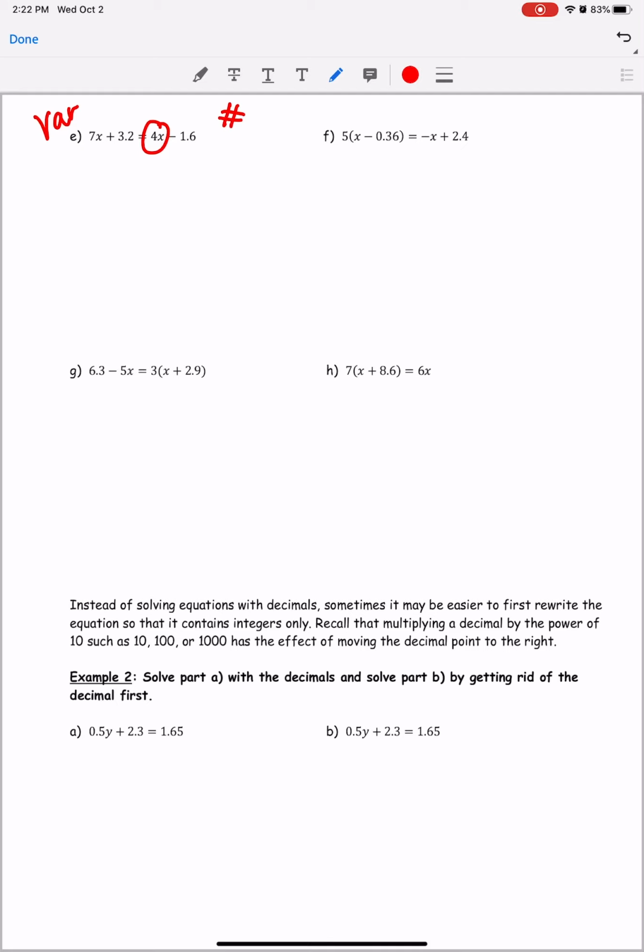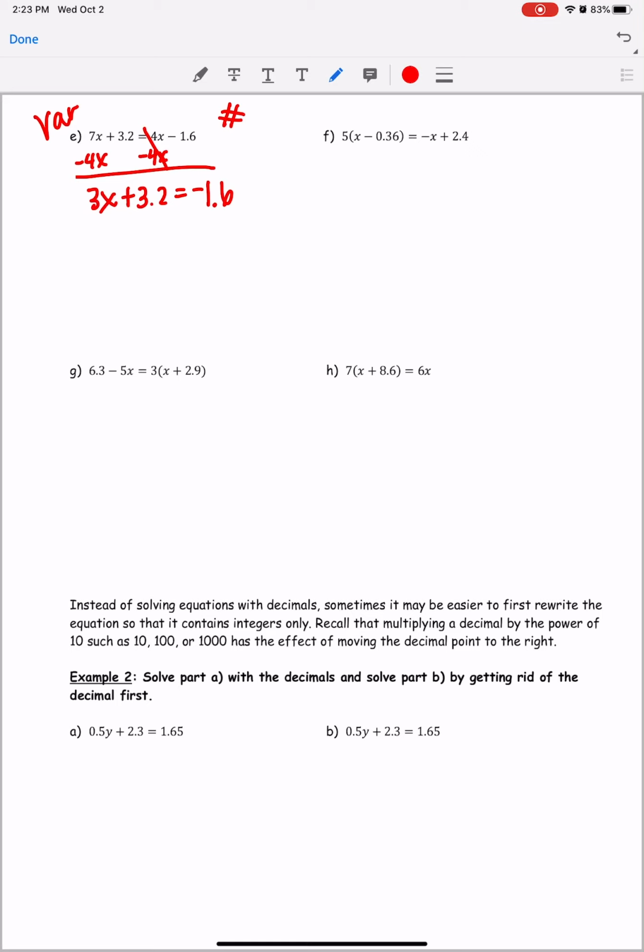Well, the opposite of a positive 4x would be a negative 4x. So 7x minus 4x gives me 3x. Bring everything else down. So plus 3.2 equals, don't lose that negative there, equals a negative 1.6.